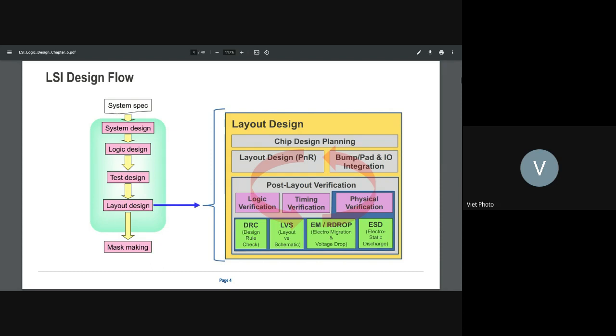It's crucial because the CTS step will determine the success of the PNR. If we have a good clock, it means that more than 50% of our design will be successful. Sure, it needs to be good in placement, good in routing, good in CTS, all of them.